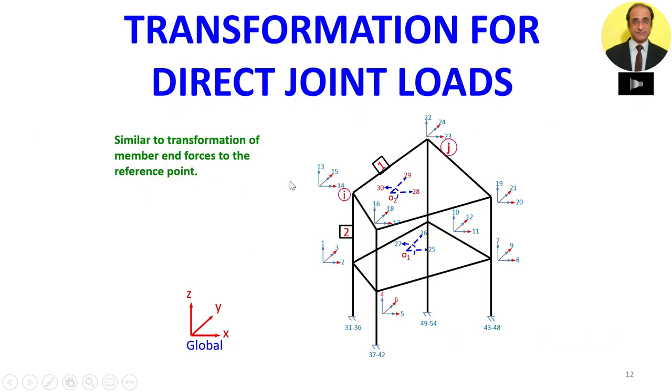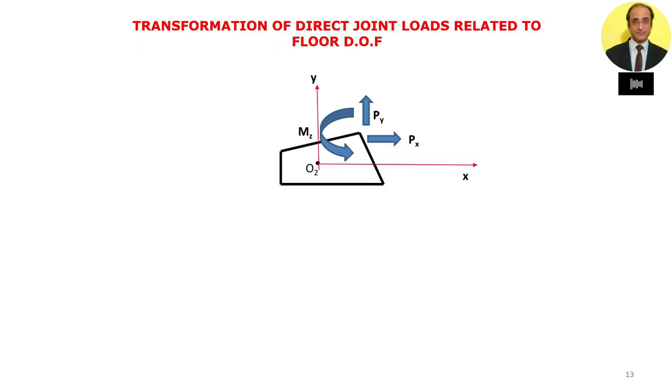Now in the end, we also need to transform the direct joint loads. Direct joint loads may be acting at various joints. Those joint loads corresponding to the floor degrees of freedom need to be transformed to the reference point, because the entire force vector has to be transformed to the reference points. For this purpose, we again do the same kind of transformation. The forces can be shifted parallel to themselves, but in the process they will introduce moment.